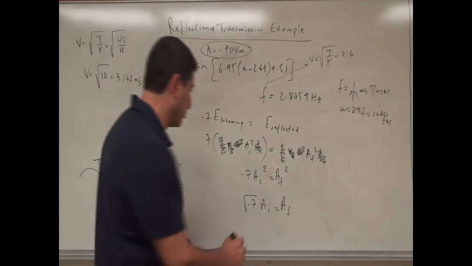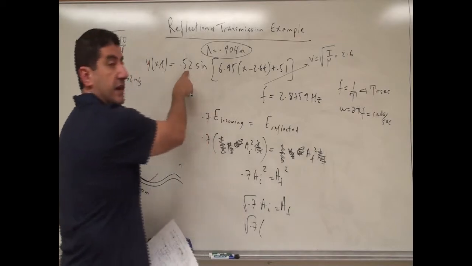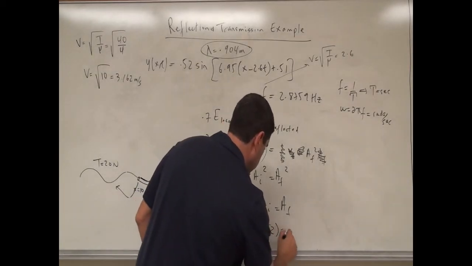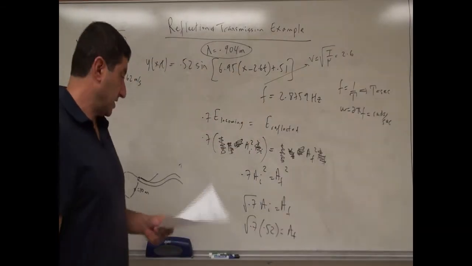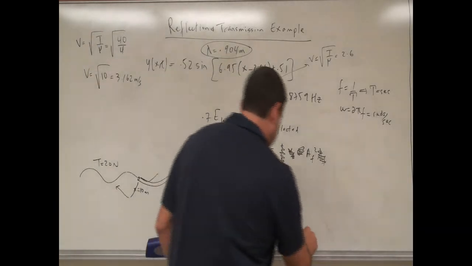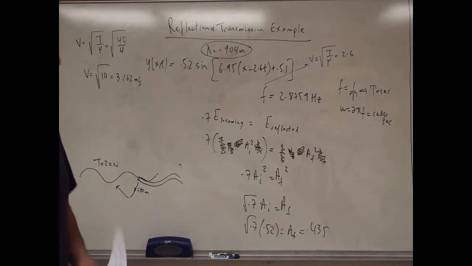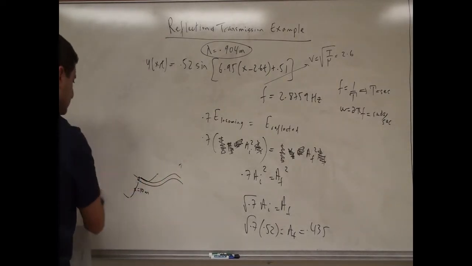So then what's that going to equal? The square root of 0.7 times a initial, where the original amplitude is 0.52, we calculate that and we get a final of 0.435. So what's the equation of the reflected wave then? We can write it here.